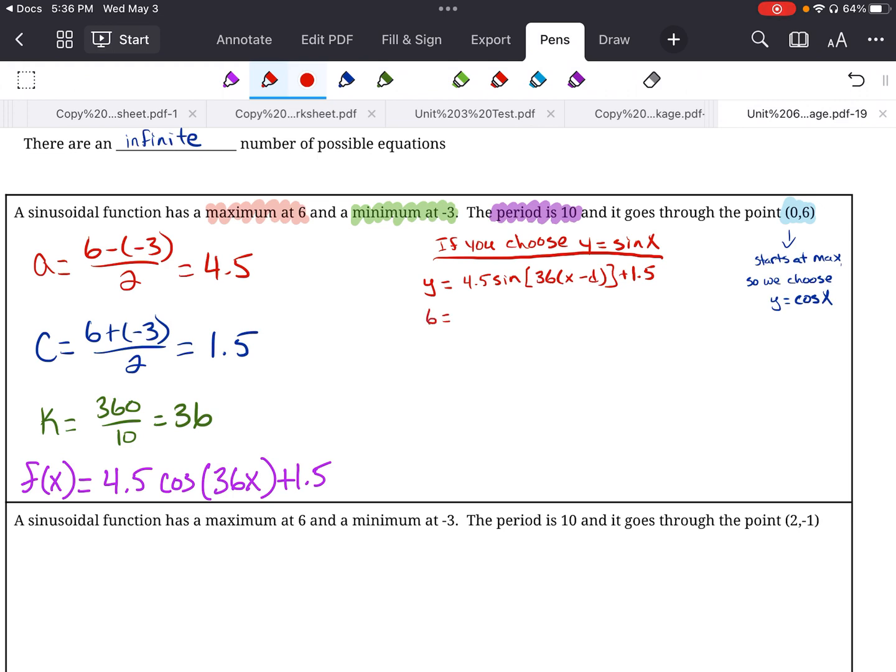So we can replace the y with 6 and the x with 0. The first thing we'll do is get rid of the 1.5. So we get 4.5 equals 4.5 sine 36, 0 minus d, which is just negative d.